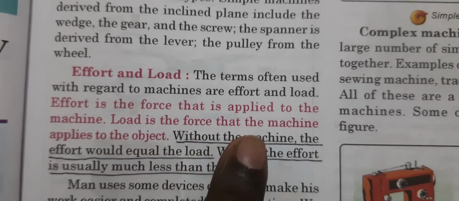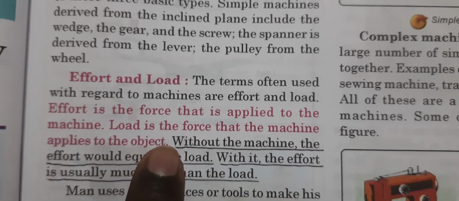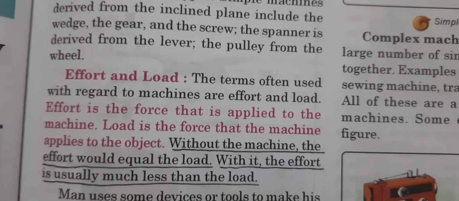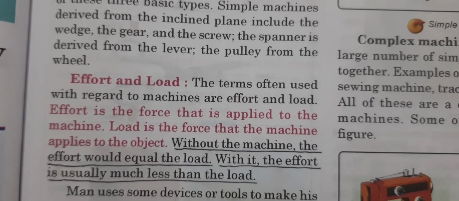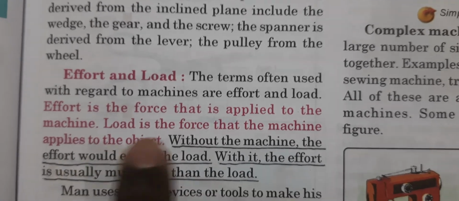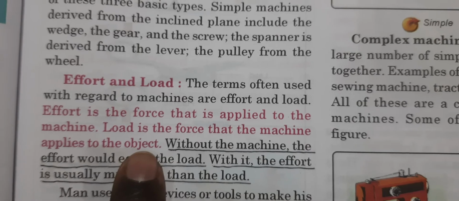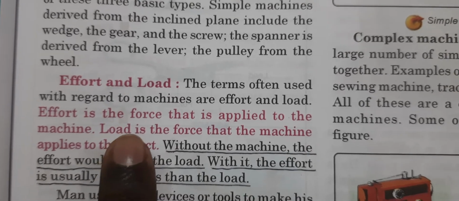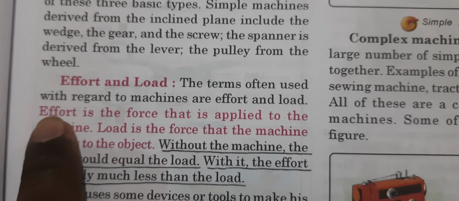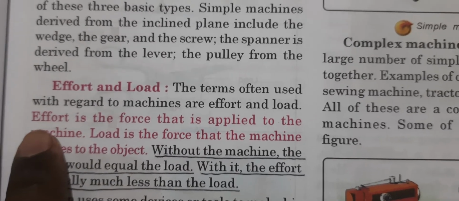Load is the force that the machine applies on the object. Now you have given some force on the stick, which is the machine, so that is passed on to the load. In that case, the plastic that you're lifting up. So load is the force that the machine applies to the object. Load won't get that force unless you provide the effort to the machine, right?